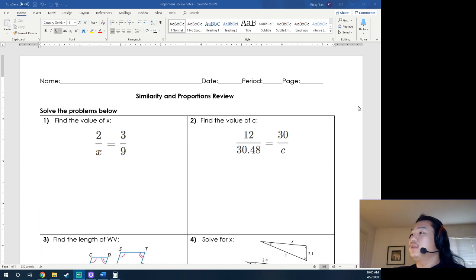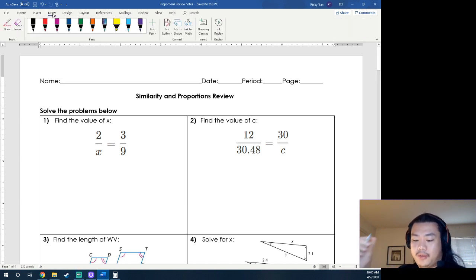Let's begin. All right, today we're going to review similarities and proportions. We're given this first proportion, 2 over x is equal to 3 over 9. If you remember correctly, there's a simple method we use to figure out the missing value, and a lot of people learned it as the butterfly method.